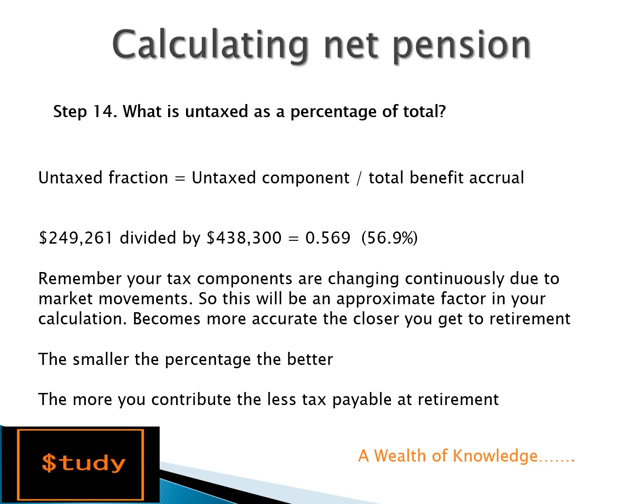Literally because the tax-free component is increasing and decreasing depending on what the share market is doing. Because it can go backwards, as can the taxable taxed components as well. So these components will change, but generally speaking, they're not going to vary hugely, hopefully.